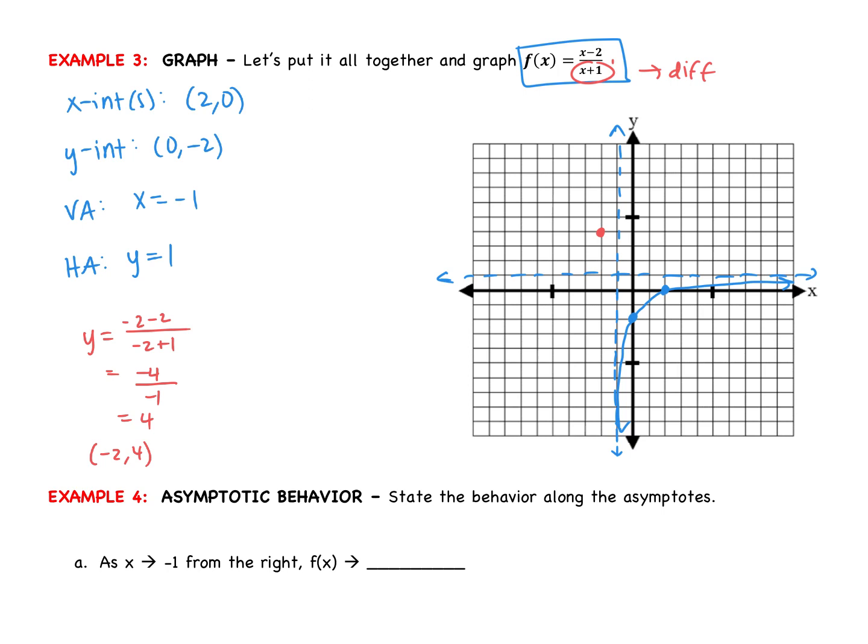We said we should be going in opposite directions. So what's going to happen is my graph is going to come up and approach the asymptote up here. And then it's going to round out and approach the horizontal asymptote. Again, approaching, not touching, not crossing.